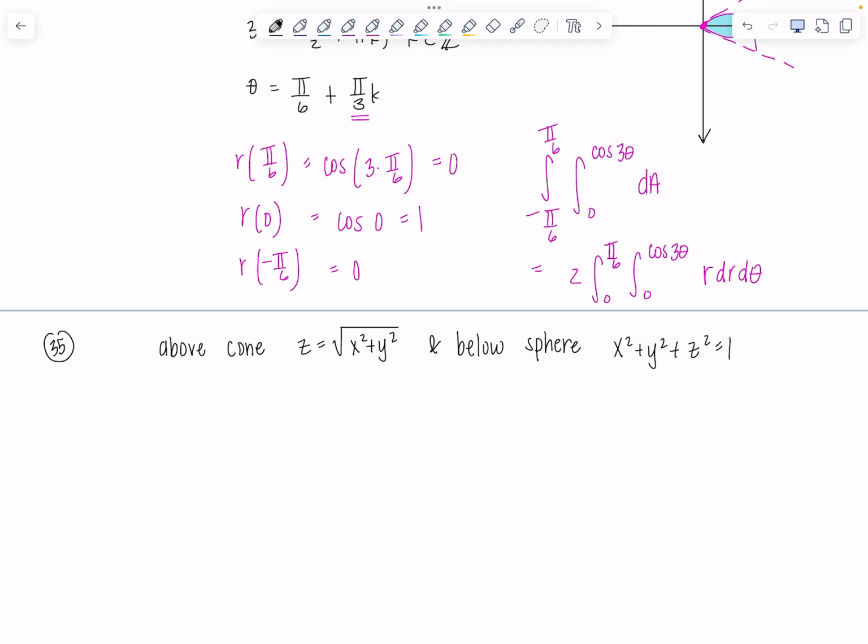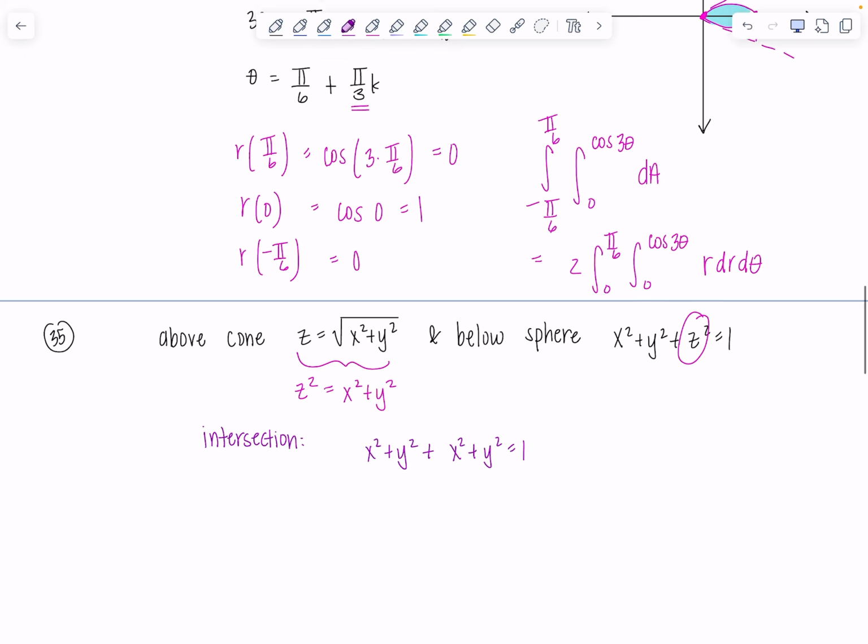So we're going to have to draw a 3D graph of the solid as well as a 2D graph of the base region. To figure out what the base region is in the xy plane that we're going to be integrating over, we need to find the intersection. I think the easiest thing to do is square both sides here. So z squared equals x squared plus y squared, and then substitute that into the sphere's equation. So intersection: x squared plus y squared plus another x squared plus y squared is 1.